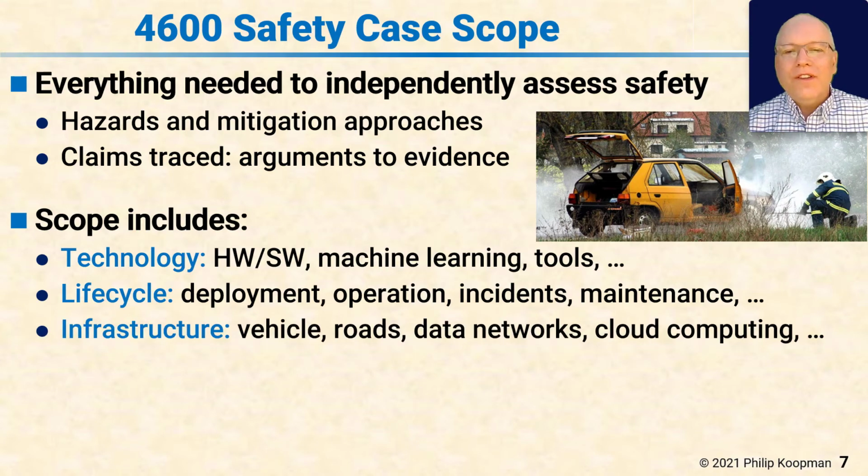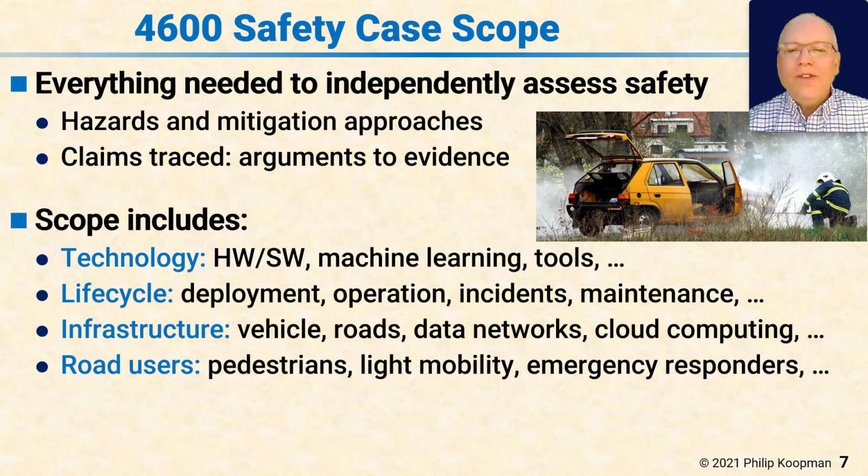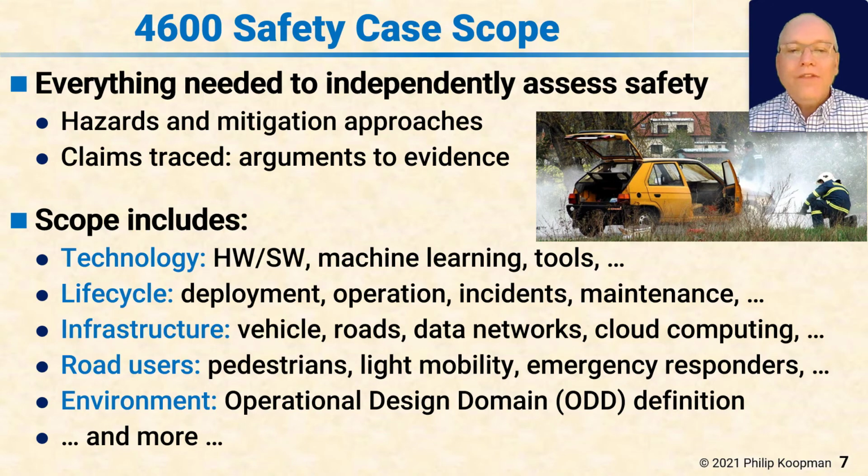The infrastructure, the vehicle, the roads, the data networks, the cloud computing. Road users such as pedestrian and light mobility users, emergency responders, and the environment, such as the operational design domain definition. The point is that everything that can possibly affect safety, that's safety related, has to be dealt with in the safety case, and there are sections on essentially all of that within 4600.